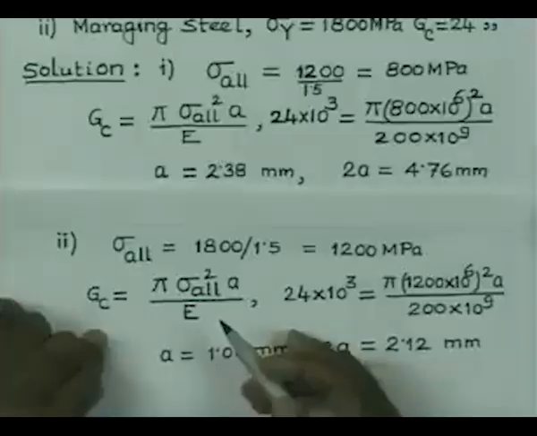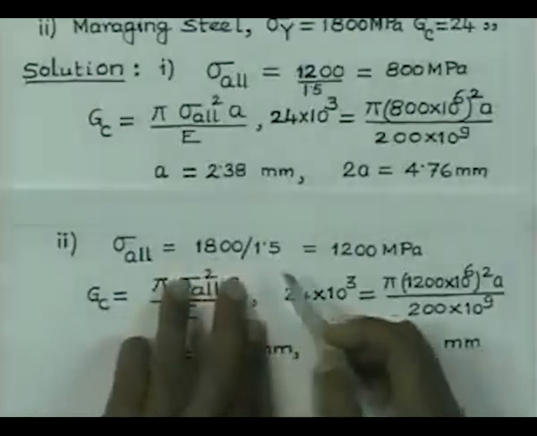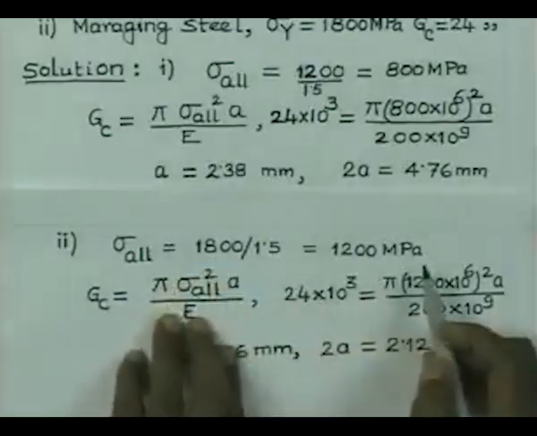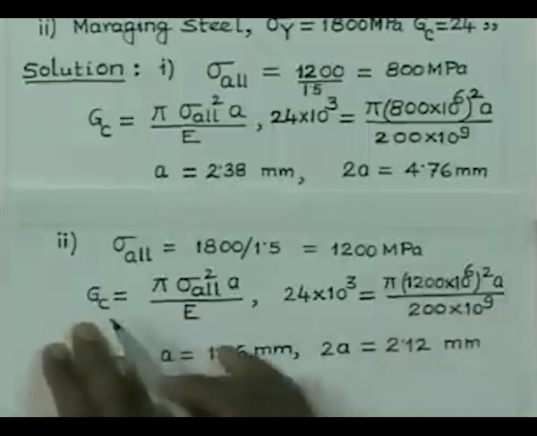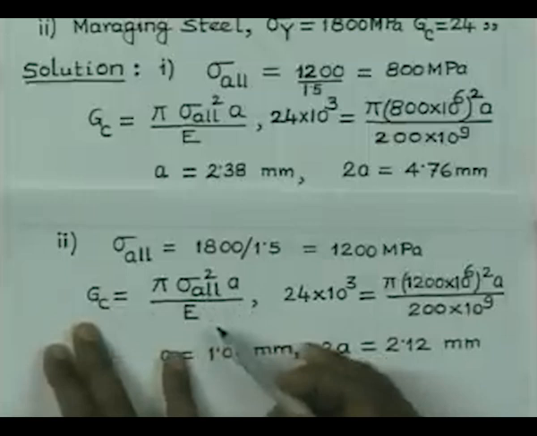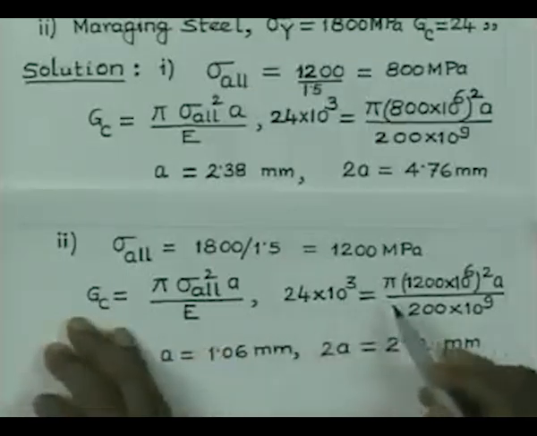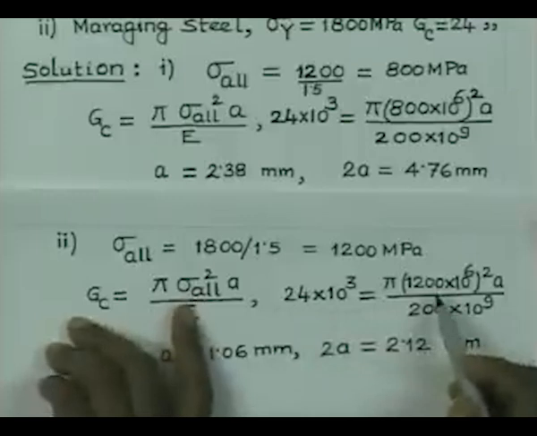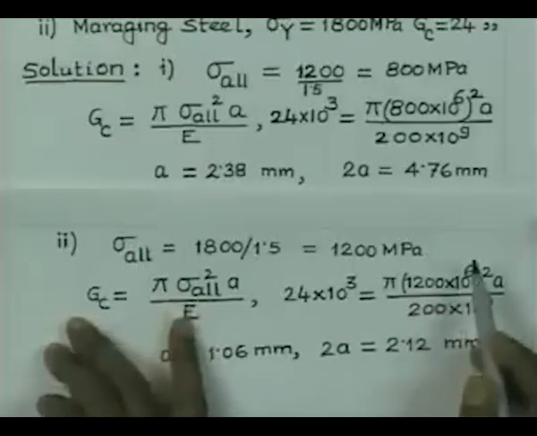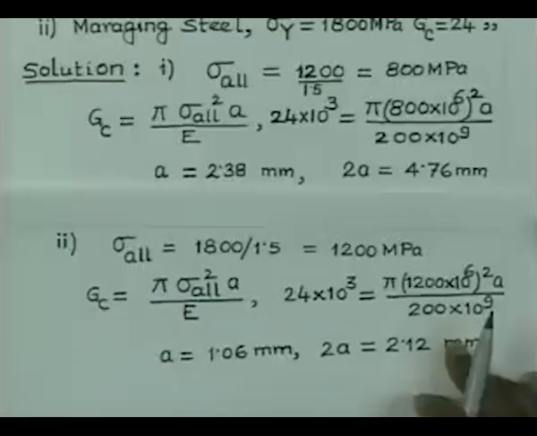So, if you consider the material number 2, in the case of the material number 2, herein the allowable stress is again given by sigma y by 1.5, and it gives us 1200 MPa, and again Gc is equal to pi sigma allowable square into a by E. Herein again Gc is 24 into 10 to the power 3, and sigma allowable is 1200 into 10 to the power 6 Newton per meter square, and E is 200 into 10 to the power 9.